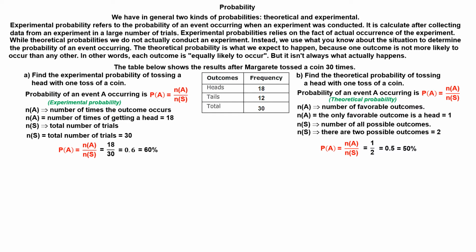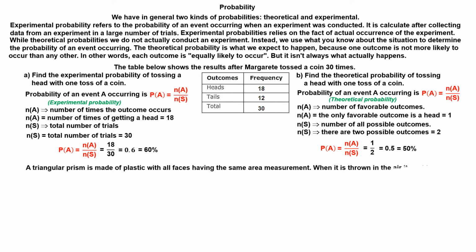A triangular prism is made of plastic with all faces having the same area measurement. When it's thrown in the air, it could come down and finish on a triangular face or a rectangular face.